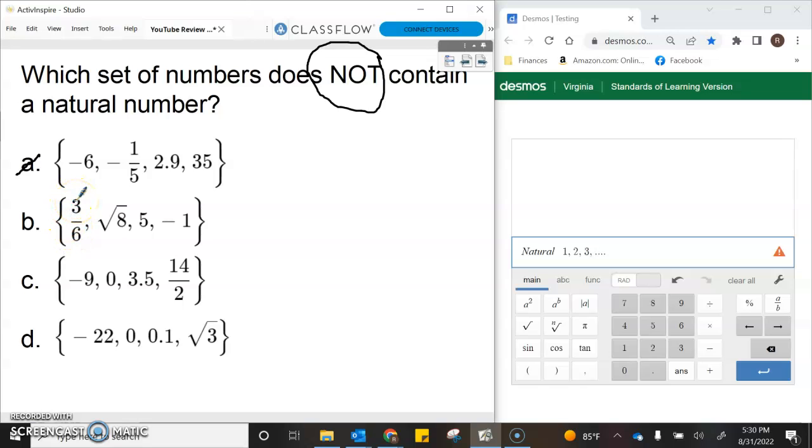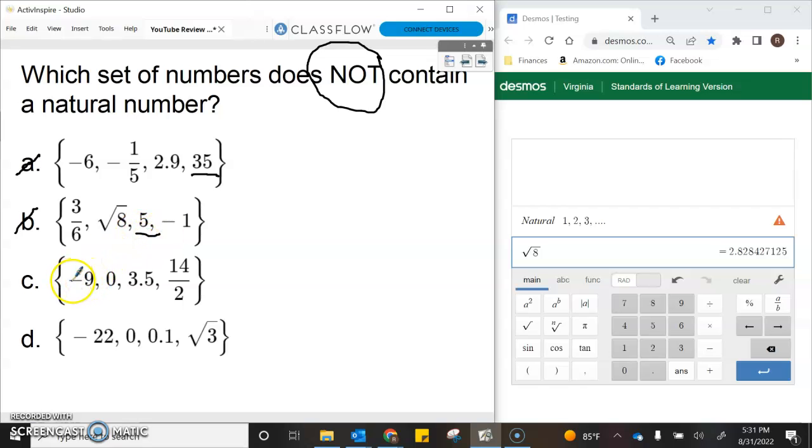Okay. This one is a fraction that's not natural. Square root of 8, let's go ahead and put it in our calculator. Square root of 8, that's irrational, so that's not natural. 5 is a natural number, so that can't be our answer either because we're looking for one without. 35 was natural, 5 was natural.